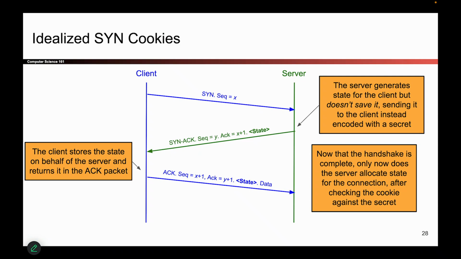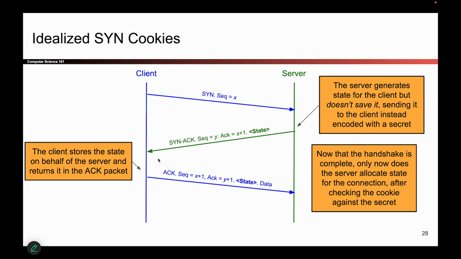So now, even if we try to do SYN flooding as an attacker, you can send 10,000 SYN packets, but the server is not going to call malloc at all as a response to those 10,000 SYN packets, so you're not wasting their memory at all. If the attacker wants to cause the server to call malloc 10,000 times, the server is going to send back 10,000 different SYN ACKs with 10,000 different state values that the server otherwise would have stored.